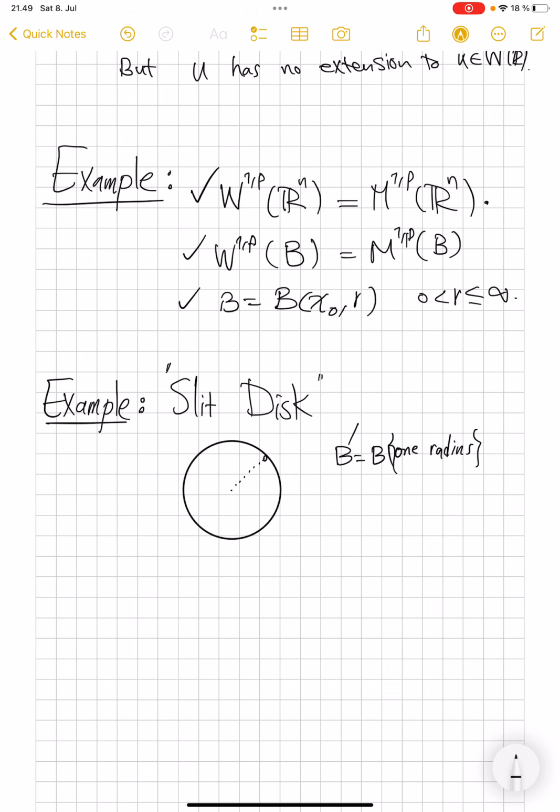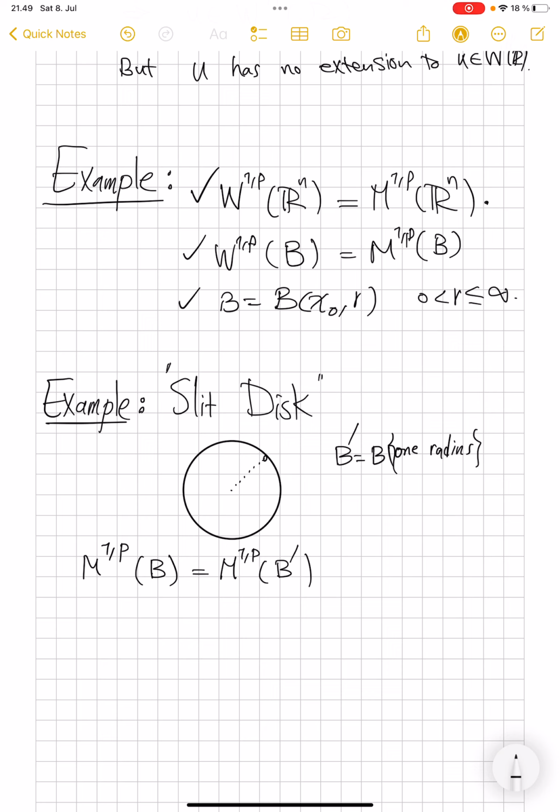Heinonen has some argument, and later he refers to that to argue that M1P of B is the same as M1P of B prime. We saw that also in the previous lemma, that we just remove a set of measure 0 and these are equal.